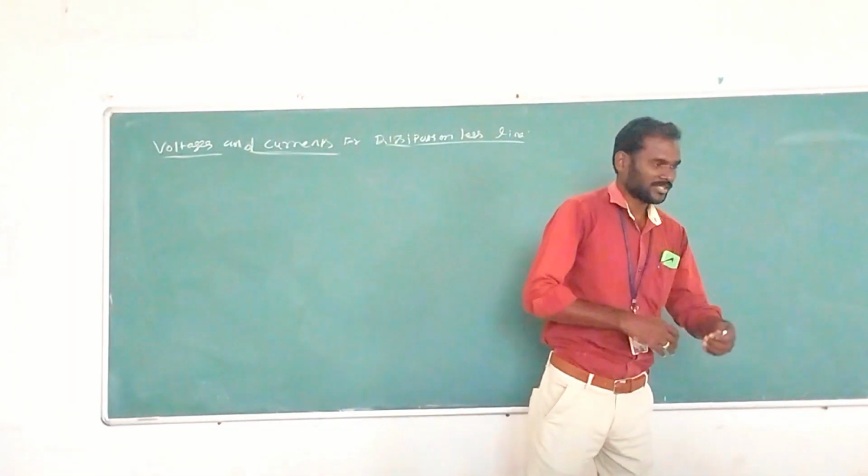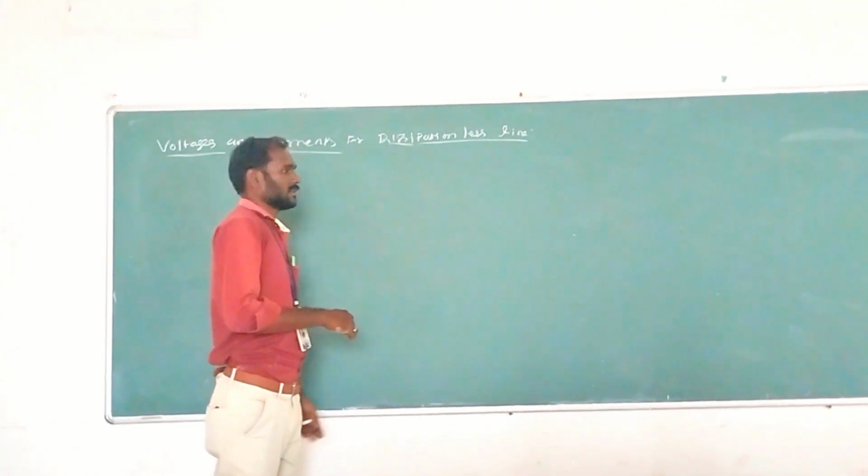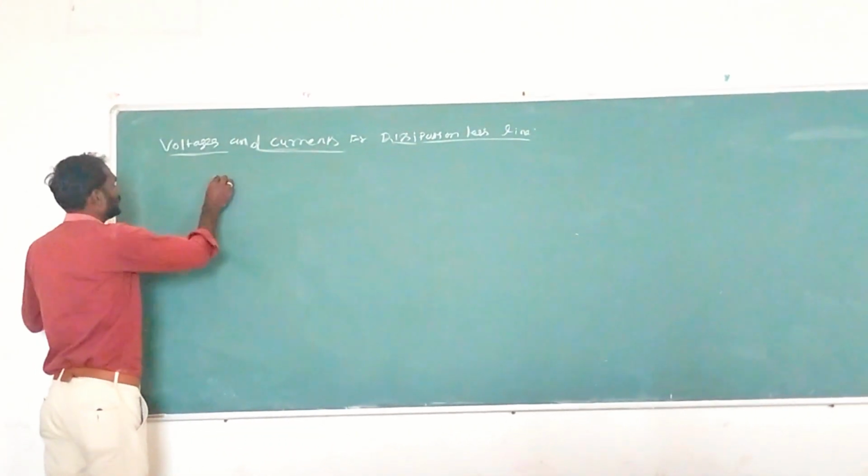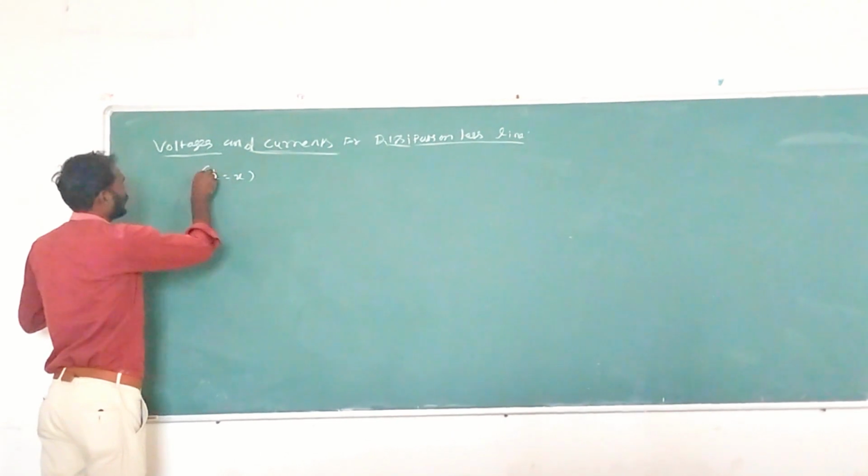For the voltage and current equation at the receiving end, L is equal to X, where L is the length.